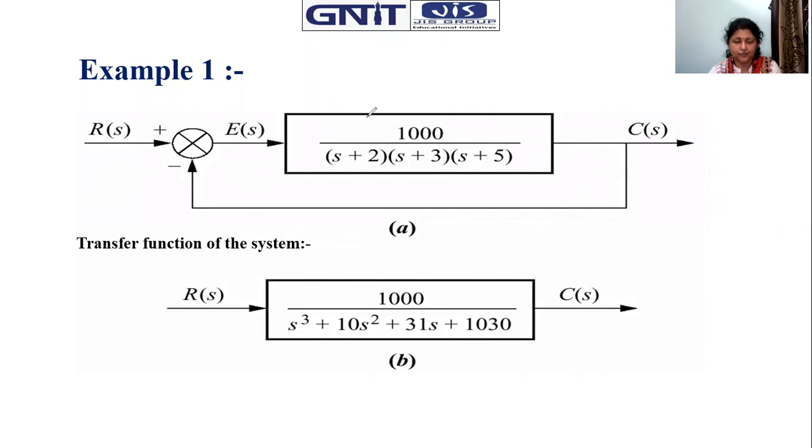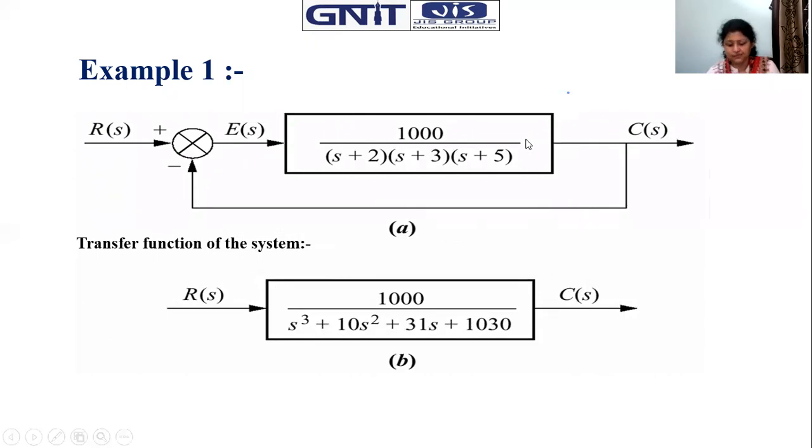It is for the open loop system. Now, when H(s) is given as unity, it becomes a closed loop system. For the closed loop system, the transfer function denominator we have observed is s cube plus 10s square plus 31s plus 1030.